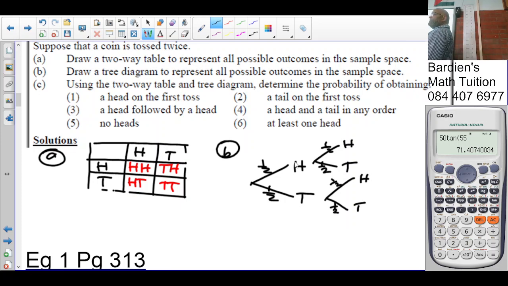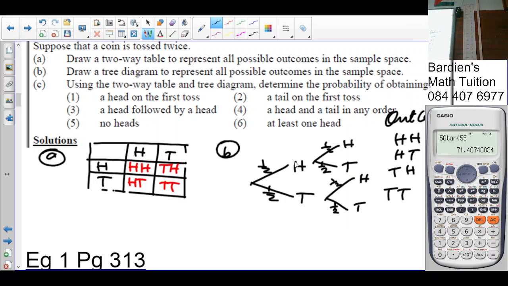Can you see that, people? So I follow this branch here, it's 1 over 2 heads, 1 over 2 heads. So my outcomes are as follows: heads, heads, heads, tails, tails, heads, tails, tails. You guys understand? And these are my outcomes.